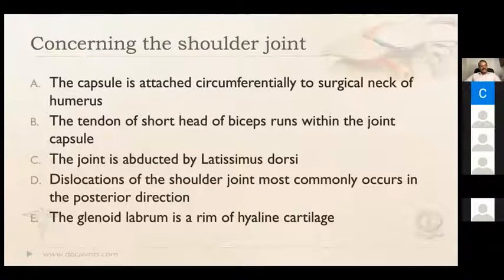The glenoid labrum is a rim of hyaline cartilage. Is it right? Glenoid labrum is made of fibrocartilage, not hyaline cartilage. Hyaline cartilage lines the glenohumeral joint. And the capsule, is it attached to the surgical neck?